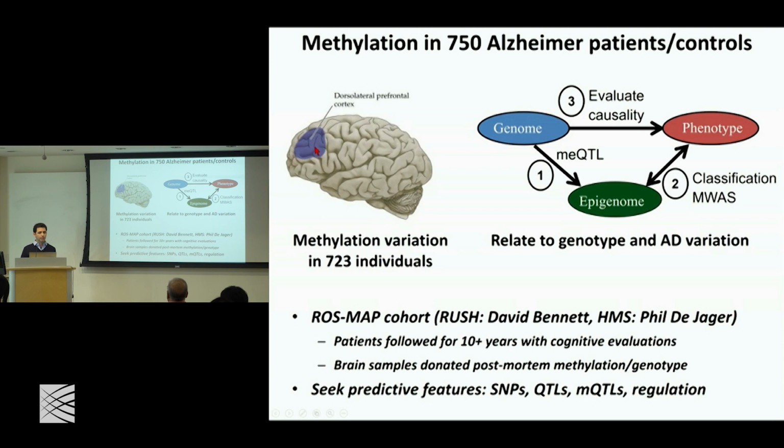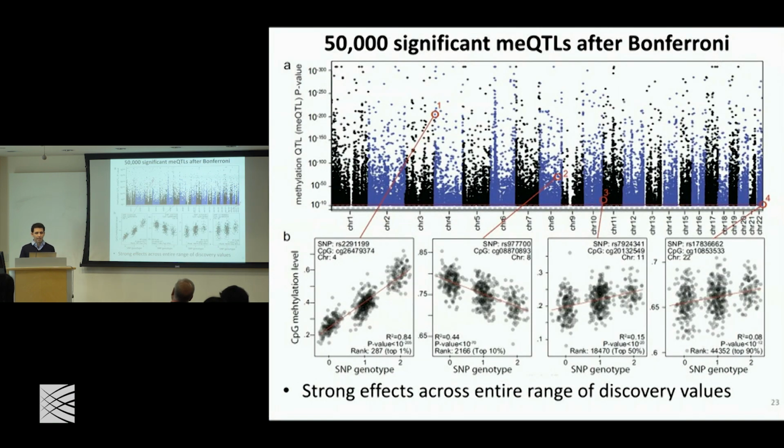So now what we can ask is, do we see epigenomic changes in the brain that correlate with the Alzheimer's status of these individuals? And specifically, whether genetic information can allow us to predict this epigenomic information, and also transcriptional information gathered for the same individuals in the same region, and also how together we can in fact use this information to infer causality about how these loci are acting.